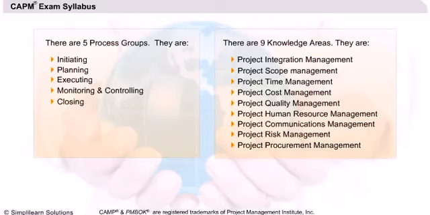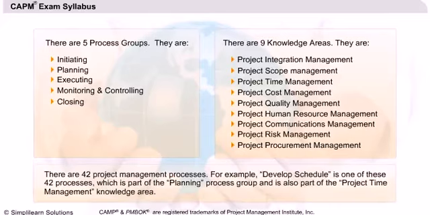A knowledge area may have some processes to be done in the project planning process group and some other processes to be done in the project monitoring and control process group. For example, if you take the human resource management knowledge area, develop human resource plan is a process in the project planning group, and another process, manage project team, is in the project execution group.